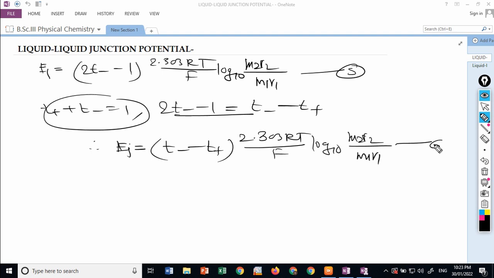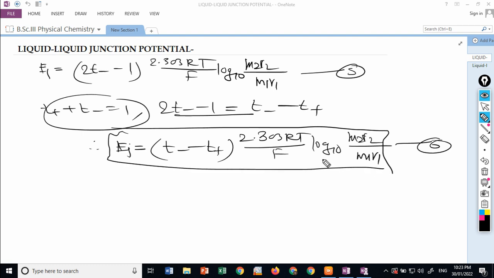This is equation number 6. By using this equation you can easily calculate the liquid junction potential. You need to know the transport numbers of the positive and negative ions and the activities M2 gamma 2 and M1 gamma 1.